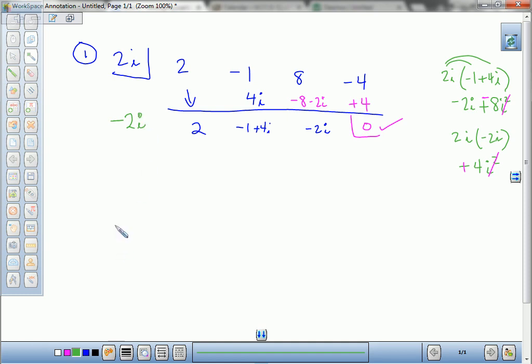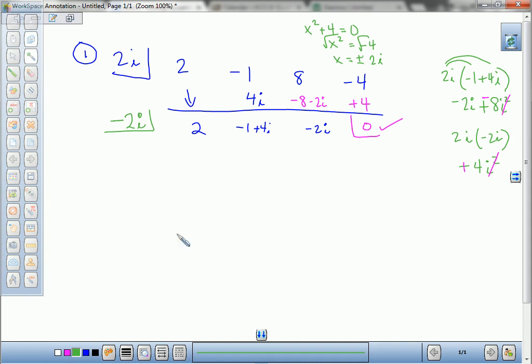And I'll show you in a minute why that has to work. The only way to get this imaginary was to have this to start with. And so to get that 2i, I had to take the square root of -4. And when I take the square root, don't I always get a positive and a negative? That's why if 2i is a root, -2i has to be a root.